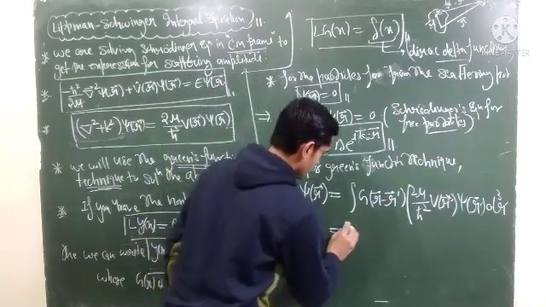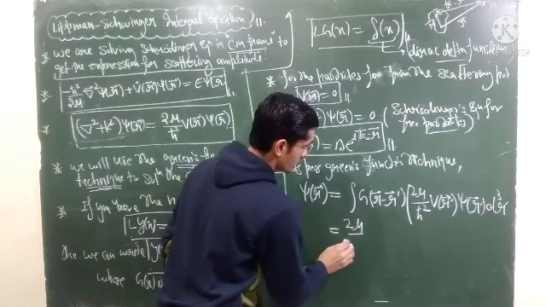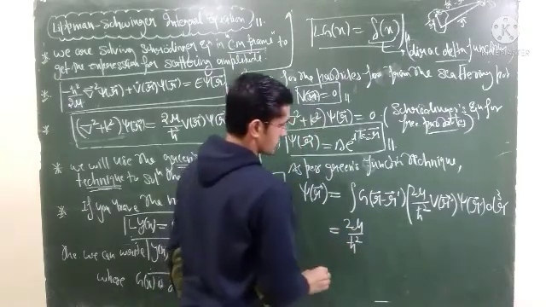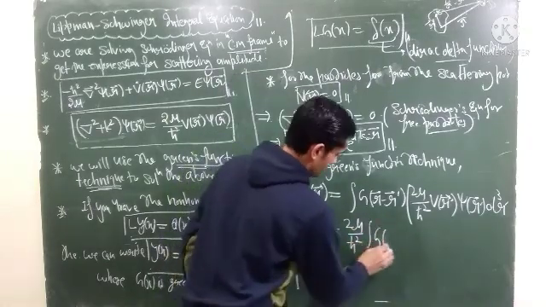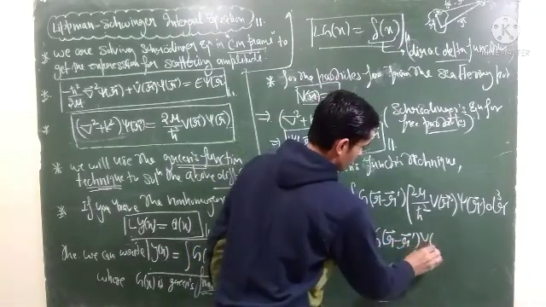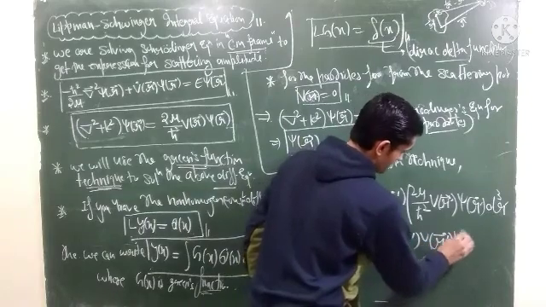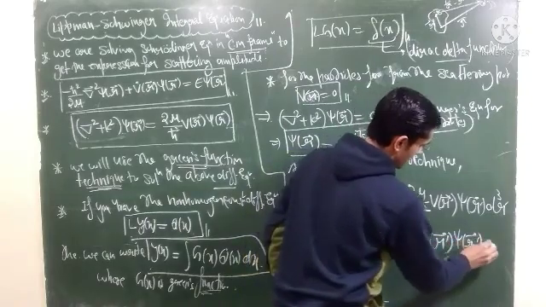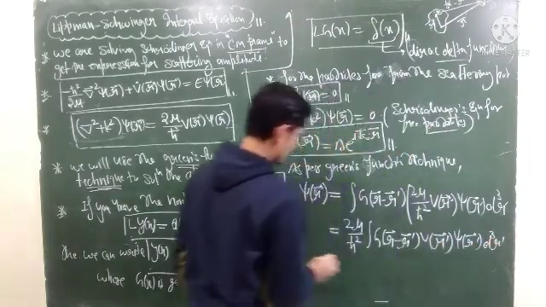So let me write it in this particular way. It is 2 mu over h cross square into the integration of G of r minus r dash into V of r dash into psi of r dash into d cube r dash.